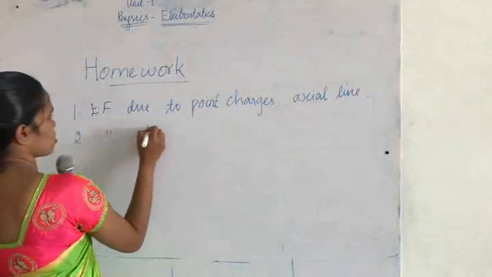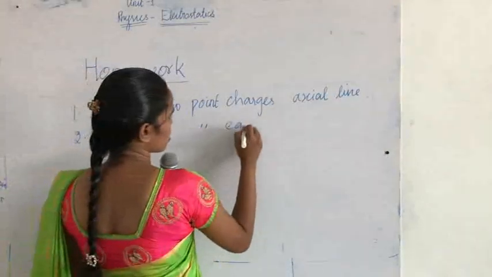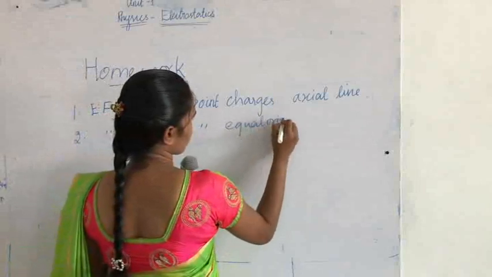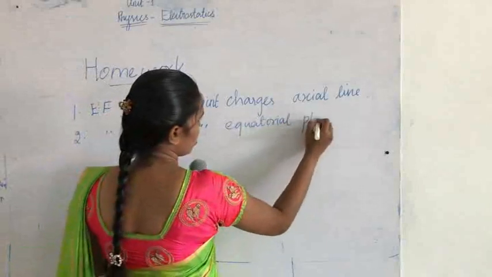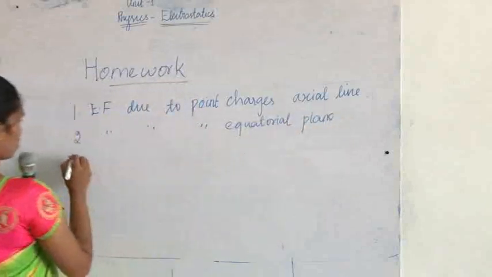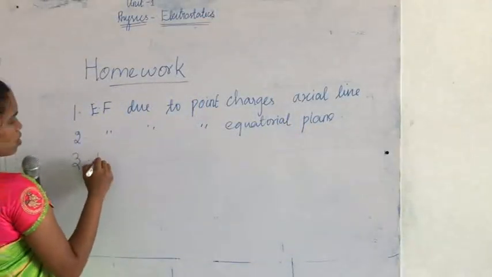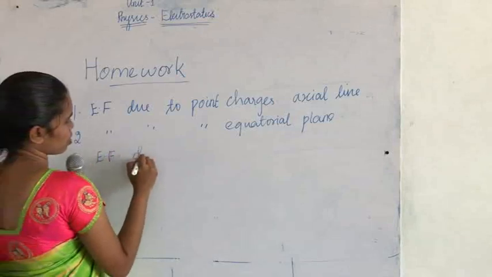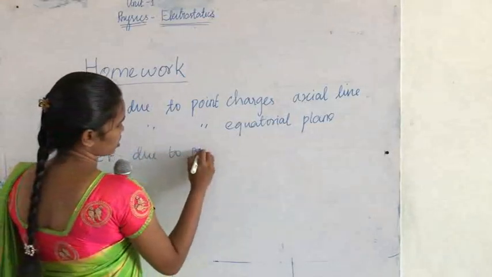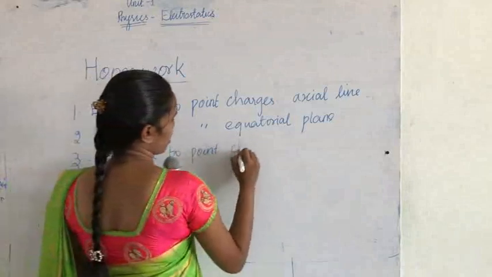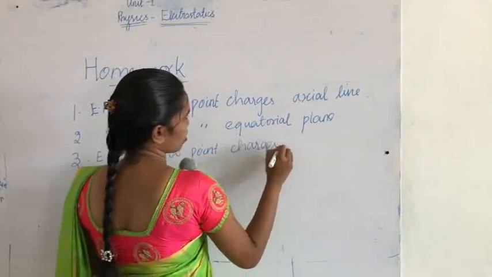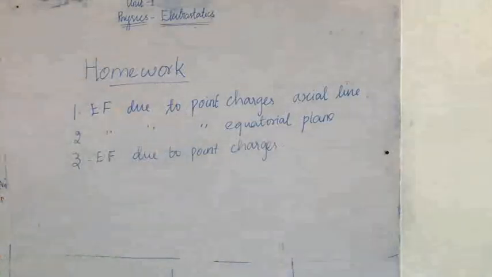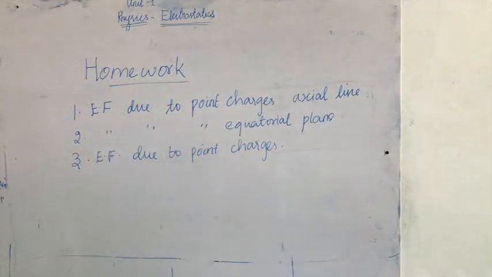Second one, equatorial line, equatorial plane. And third one, electric field due to point charges applying superposition principle. These three derivations are your homework and make it as an assignment. Study thoroughly and write it. It is a very important question. Okay, thank you, children.